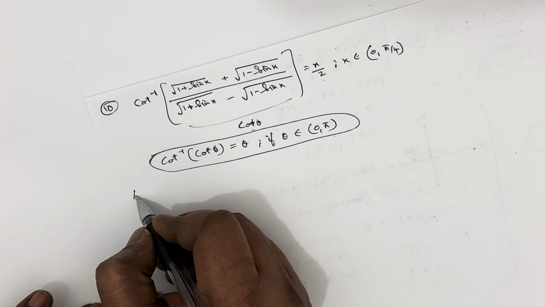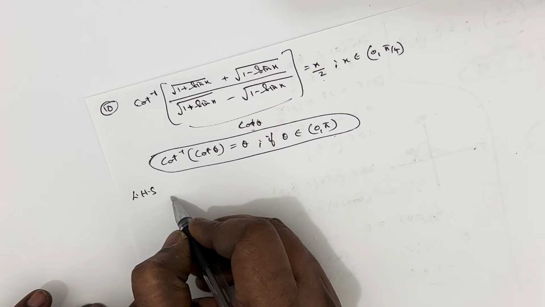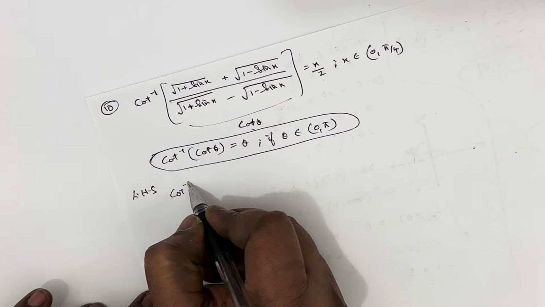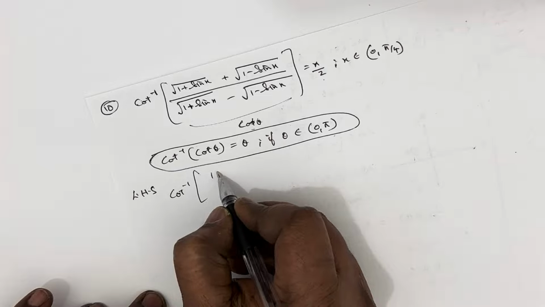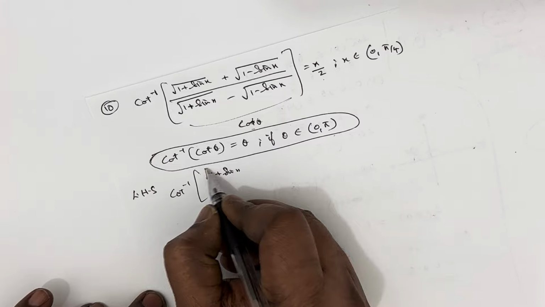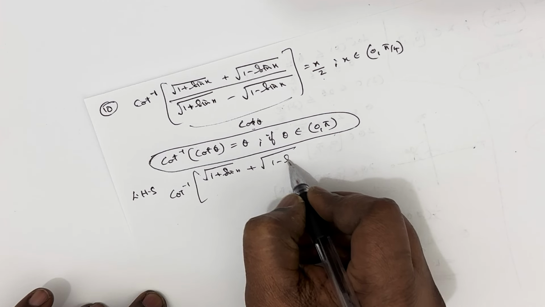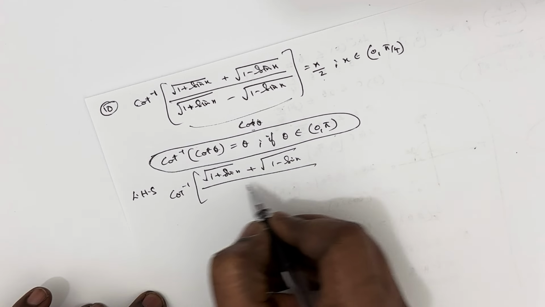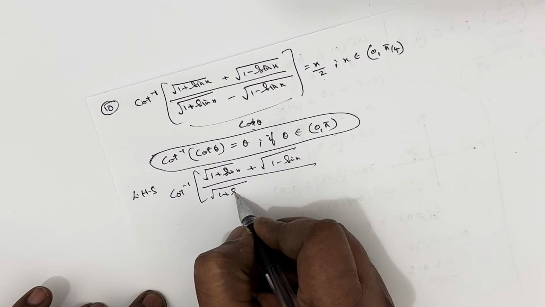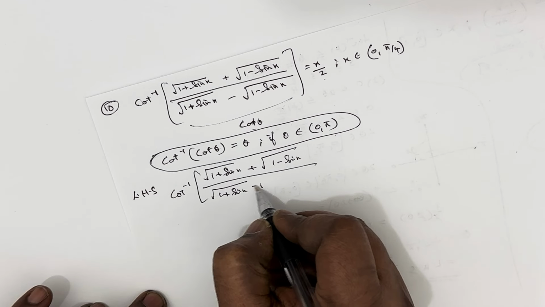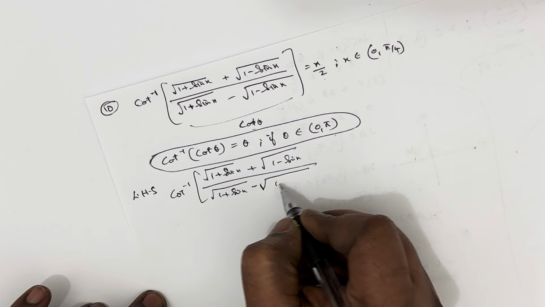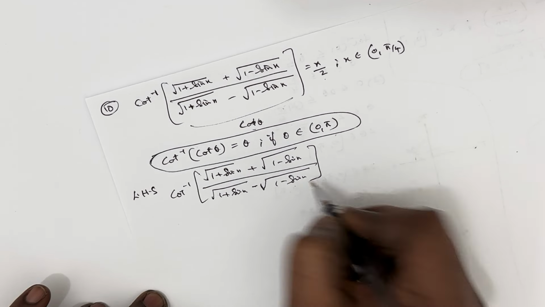Now let's take the left hand side, that is cot inverse of (root over 1 plus sine x plus root over 1 minus sine x) whole divided by (root over 1 plus sine x minus root over 1 minus sine x).